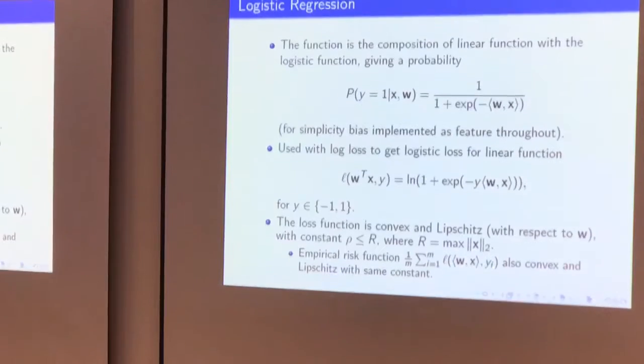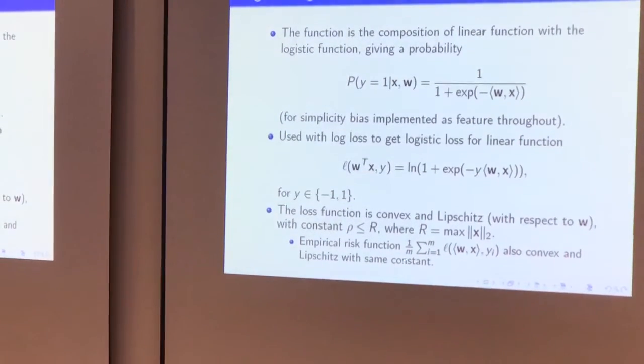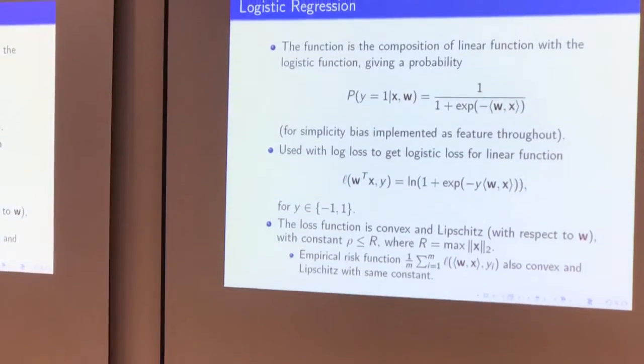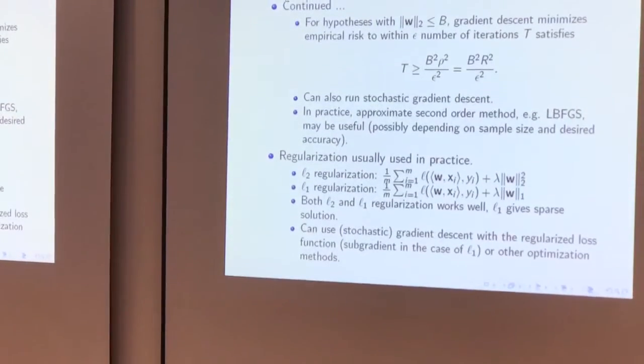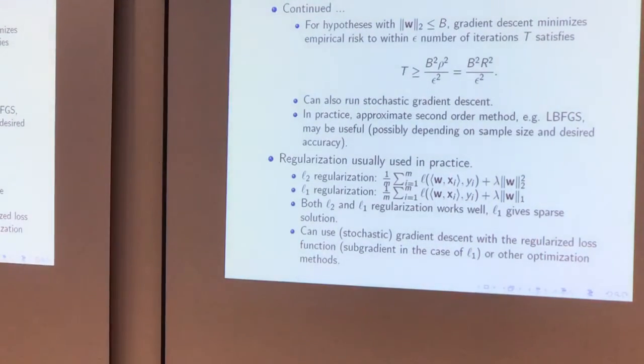So what do we normally do? We want to minimize the empirical risk, right? If you write it this way, this is also convex and also Lipschitz with the same constant. So that means you can optimize this in many ways. One of the algorithms we look at is gradient descent.